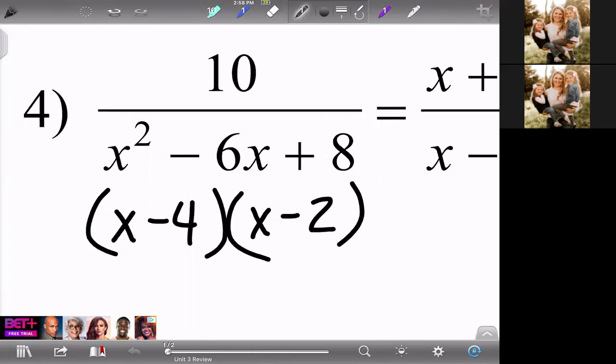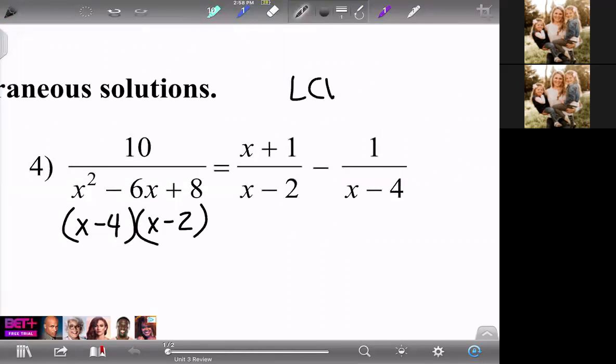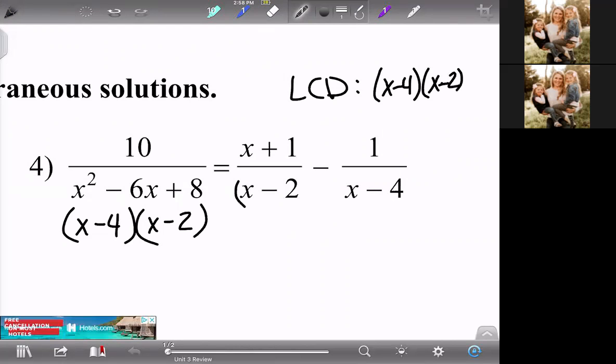So now when I look at my least common denominator, I see a set of parentheses x minus 4. I see a set of parentheses x minus 2. Those actually happen to match the other two denominators. So my least common denominator is going to be the x minus 2 and the x minus 4.